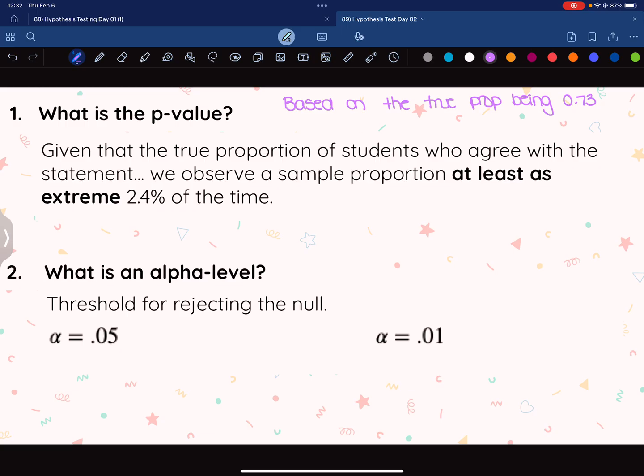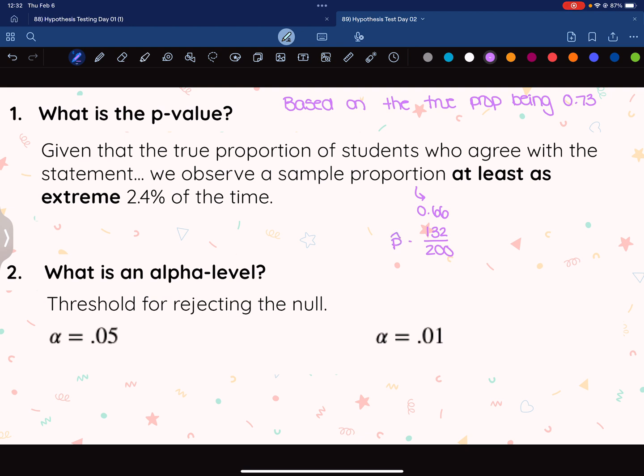Based on that being 0.73, we observe a sample proportion, which ended up being that 0.66, or you can write it as 132 out of 200.